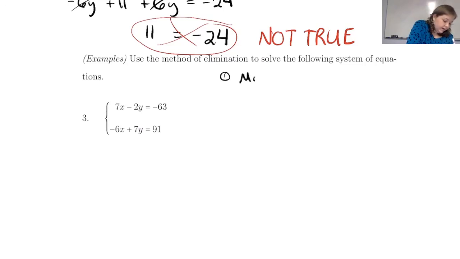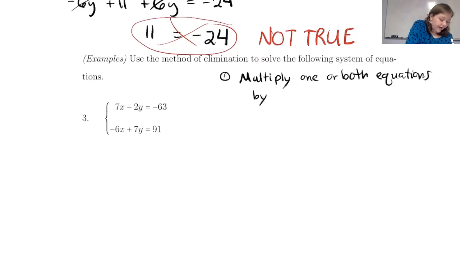So I'm going to say multiply one or both equations by a number that will cause one of the variables to cancel.